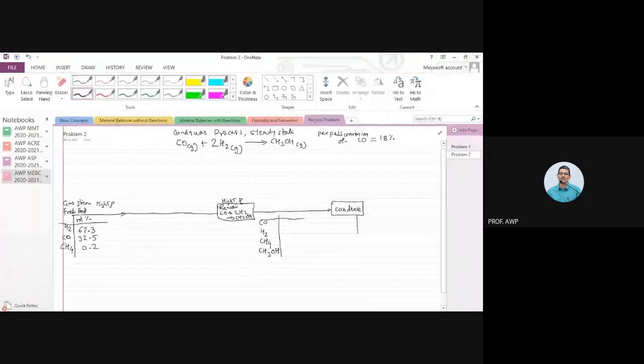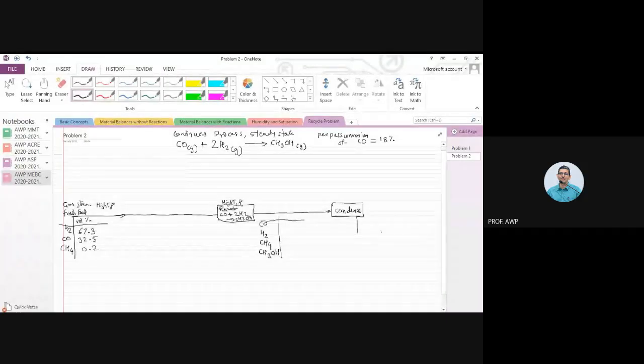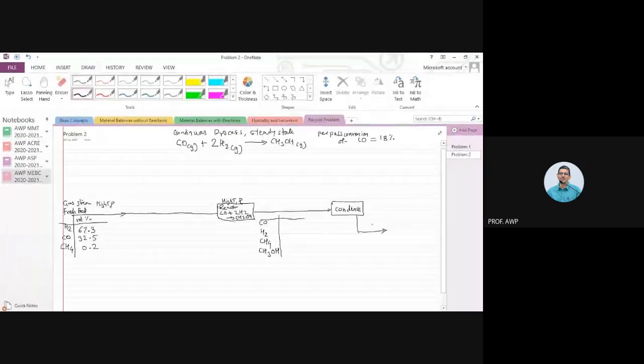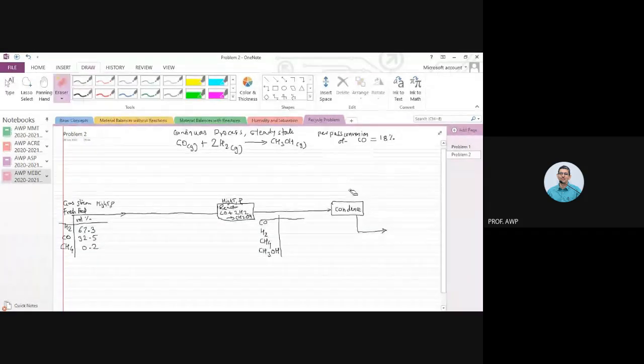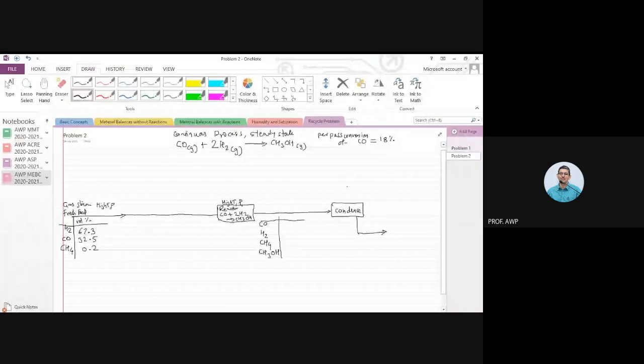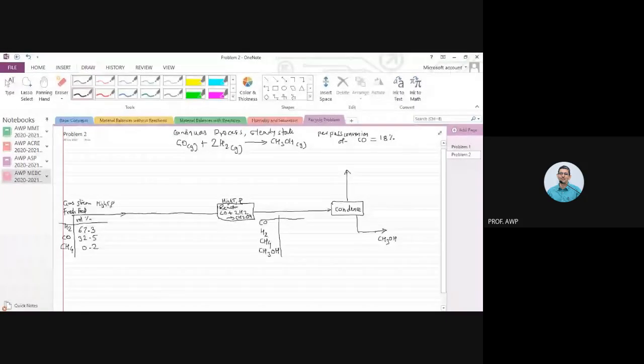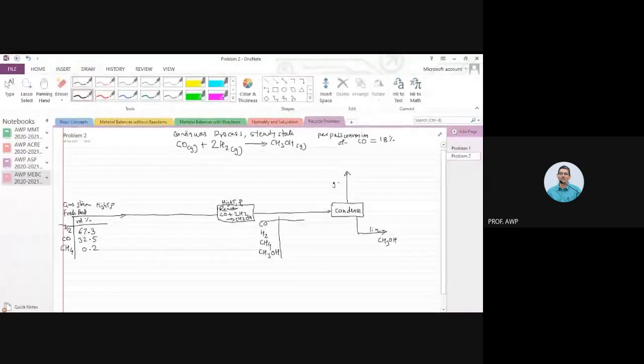And this is like our water condensation problem. So this gas stream that goes out, liquefied methanol will be liquefied and the gas stream will go out.